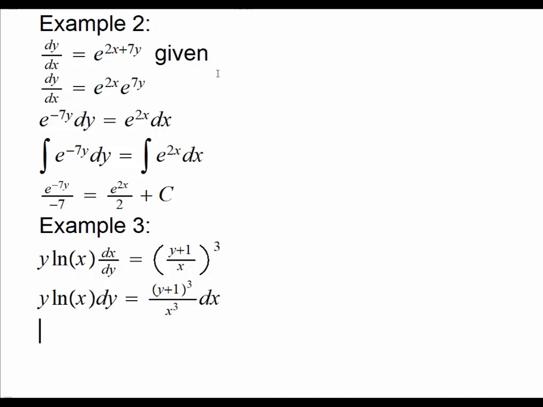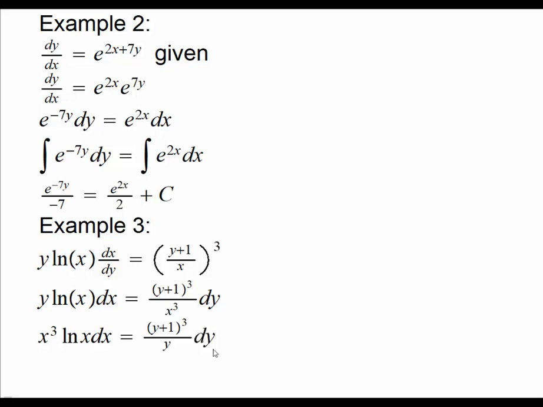Oh, I'm sorry, I reversed it, didn't I? I should have been careful looking at the order. Now if we separate the variables, here I have x cubed ln of x, or natural log of x, dx, and that equals (y plus 1) cubed divided by y dy.